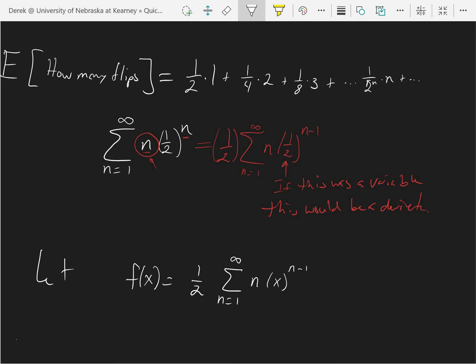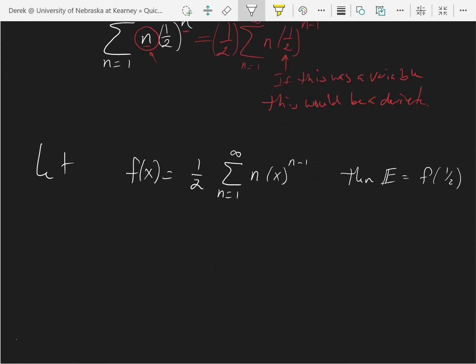Alright, so there's our function. Then the expected value is equal to f at 1/2. Okay, so I just have to figure out what f at 1/2 is.